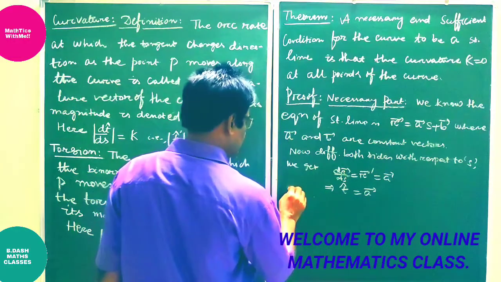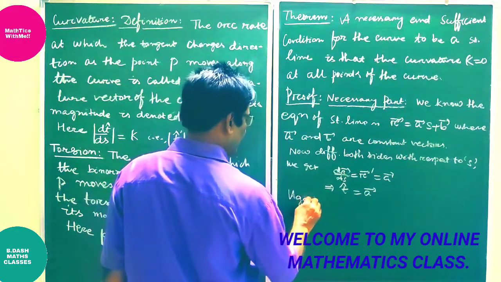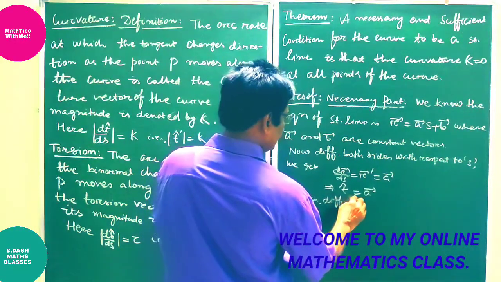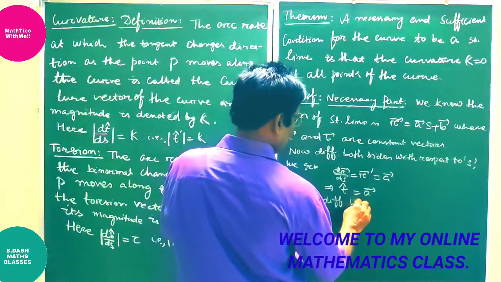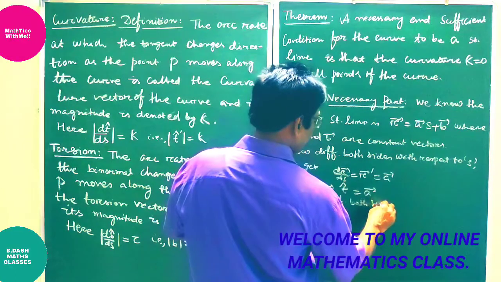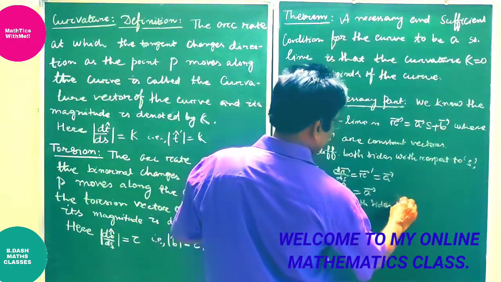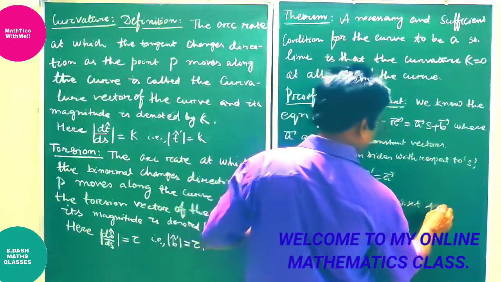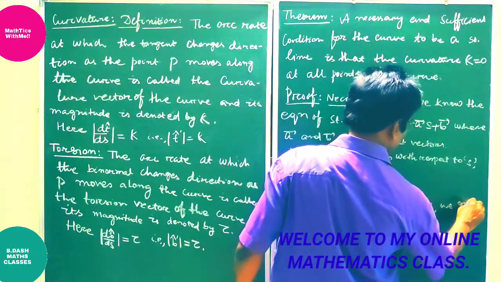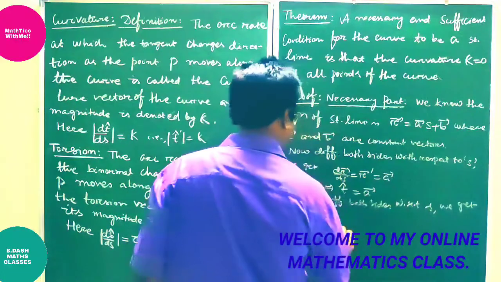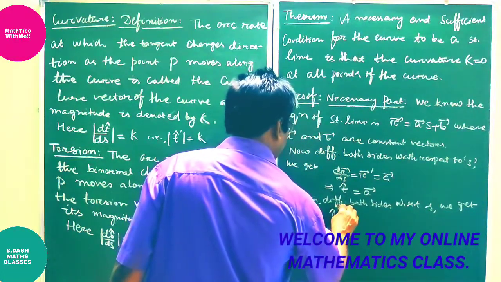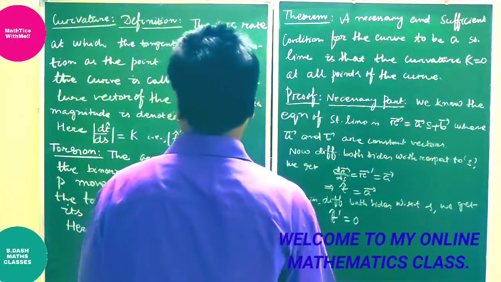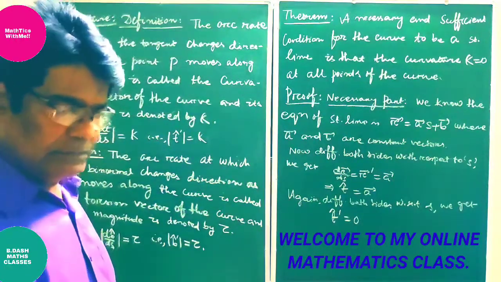Again differentiating both sides with respect to s, we get T dash is equal to 0.